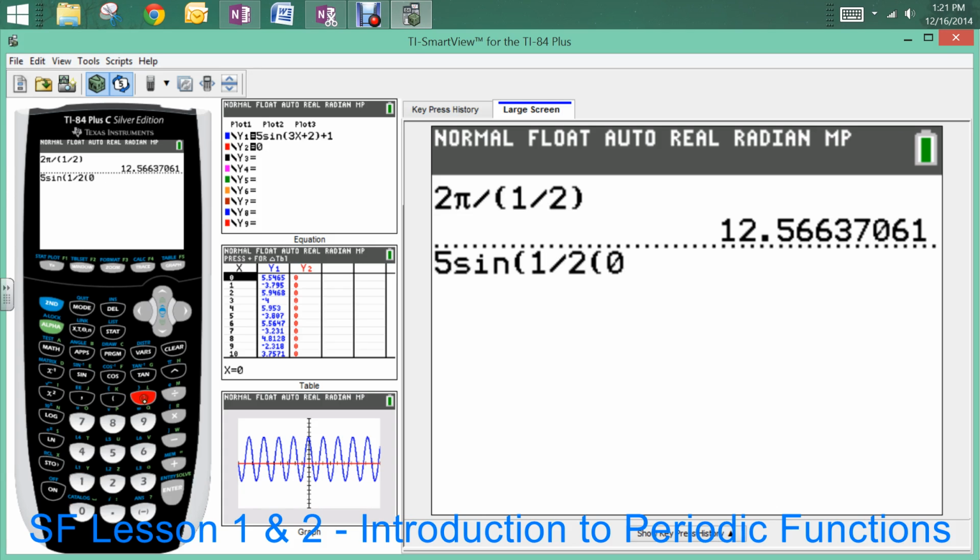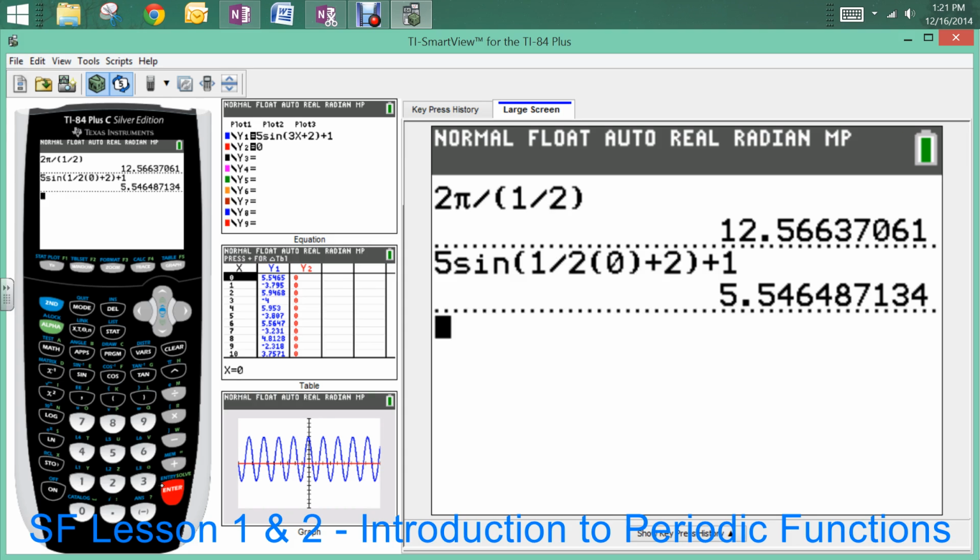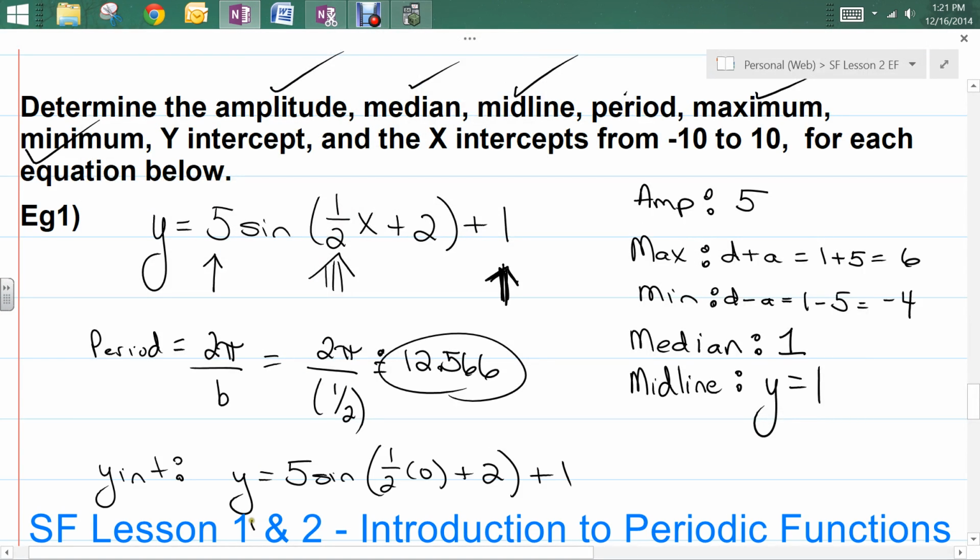And if it's in radian mode, it'll give you the y-intercept is 5.54. It may be a nice number, or it may not. So y equals 5.54 approximately.